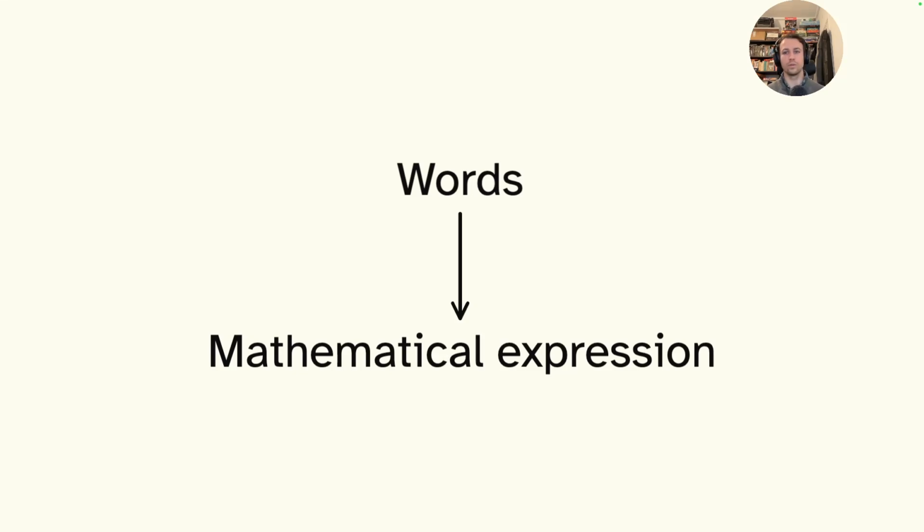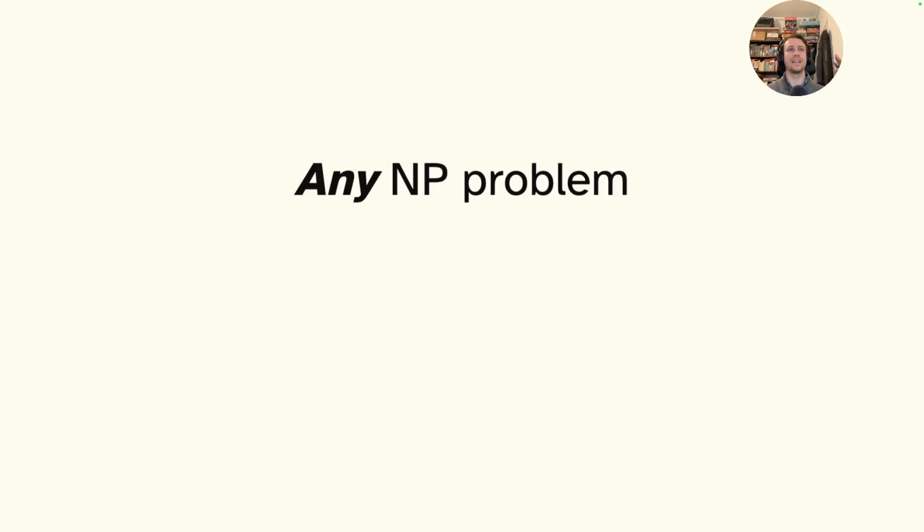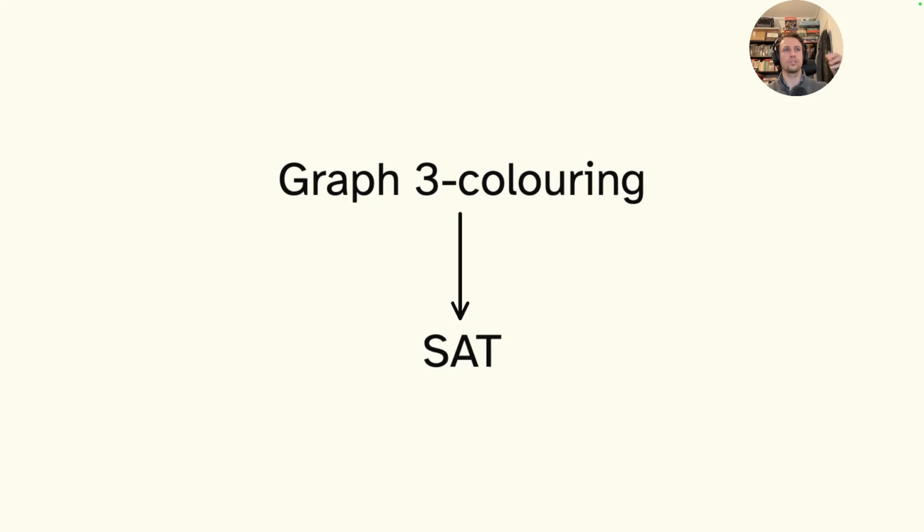And so what I was saying before is that I can take any NP problem and I can translate it to SAT, right? But I haven't done anything useful yet. This is still a very weird statement. So instead of thinking about any NP problem, all of them, the factorization, the ones we don't even know about, let's focus on a single NP problem that we already kind of understand.